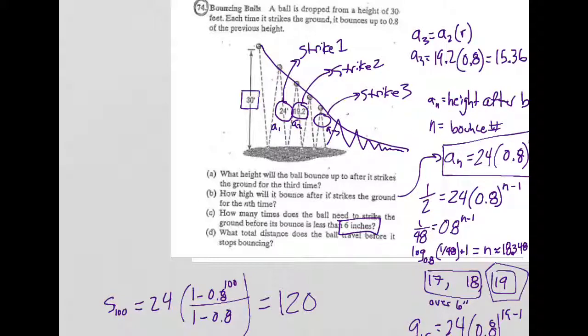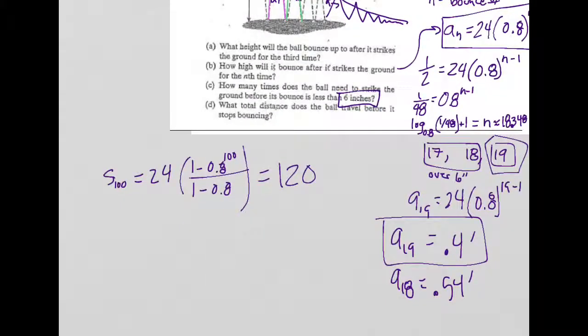Every single time this ball bounces, it is going up and back down. So for every single height that we generate in our sequence, it's doing double that. From the first term of our sequence, 24, we're actually going 48. From the second term in our sequence, 19.2, we're actually going double 19.2. So for all of these terms in our sequence, we're actually doubling it.